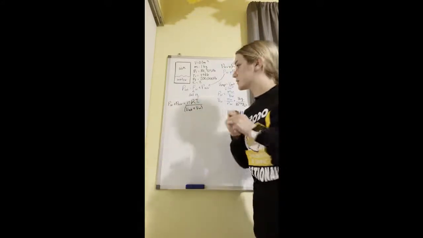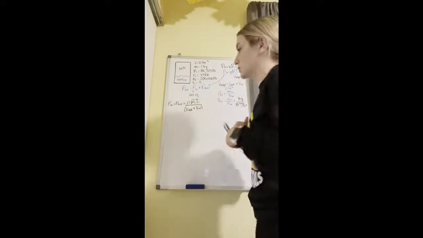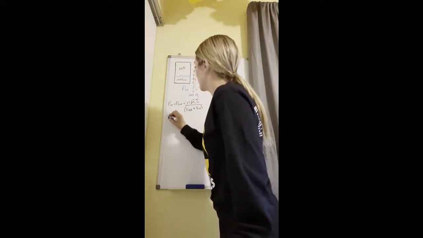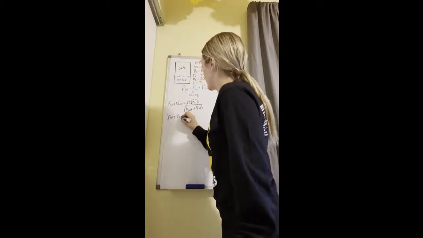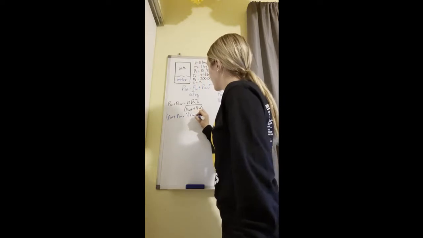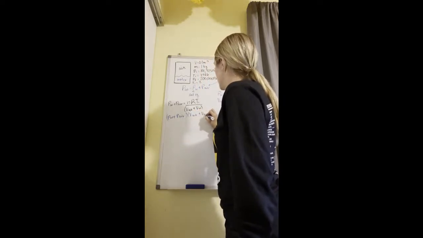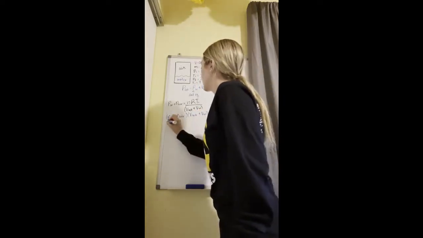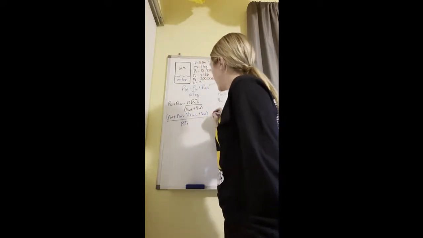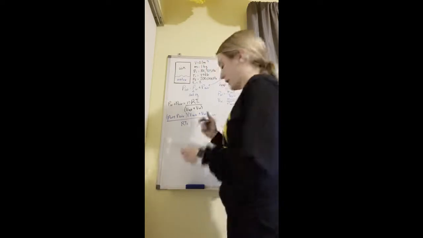Now we want to solve this equation for our moles. So we have P water plus P air, times V total plus V water, divided by R times T initial, and we set this equal to n.